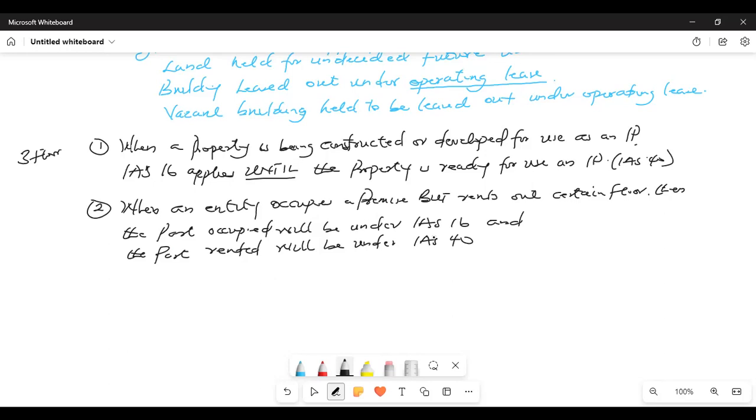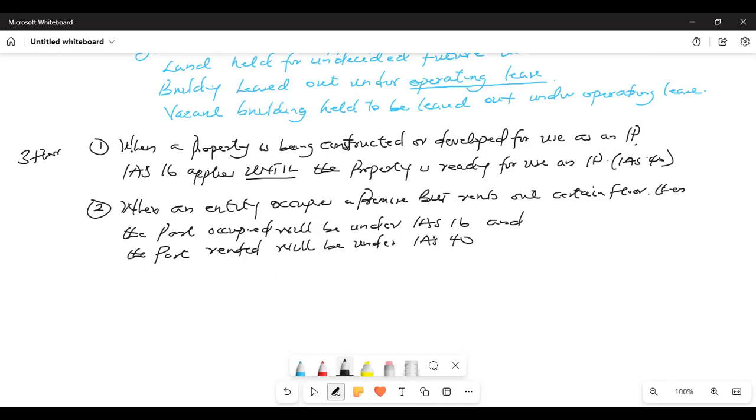So understand that. All that you need to understand is, what is an IP? The moment you know this is an IP, it doesn't matter where the thing is. So far as it is rented or held for capital appreciation, then it is an IP. It's as simple as that.